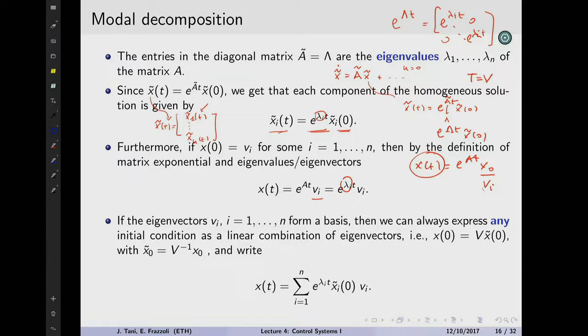And this can be shown by leveraging the definitions of matrix exponential, eigenvalues and eigenvectors. Depending on how much time we have, I think we can quickly do it.